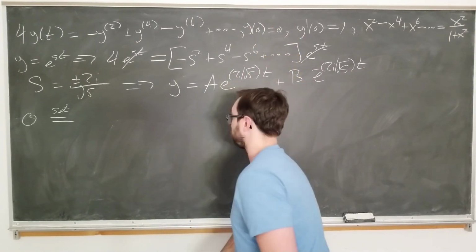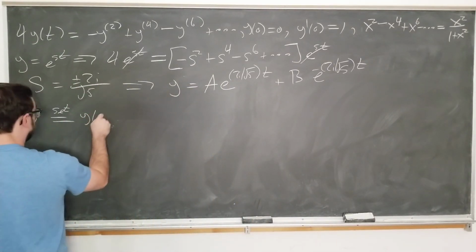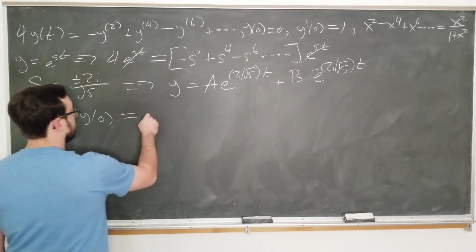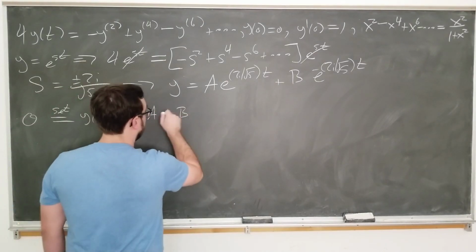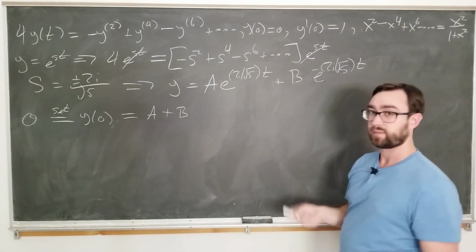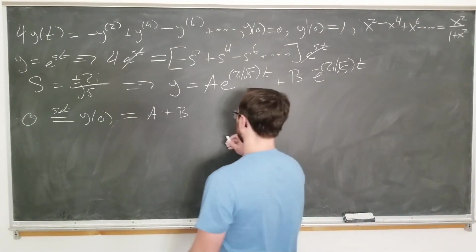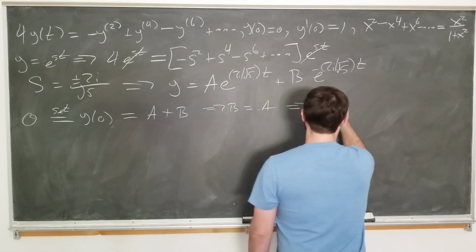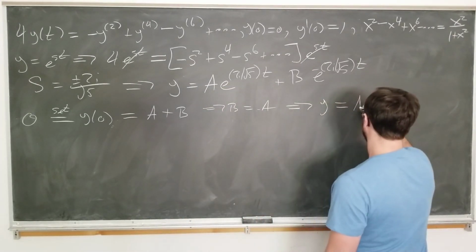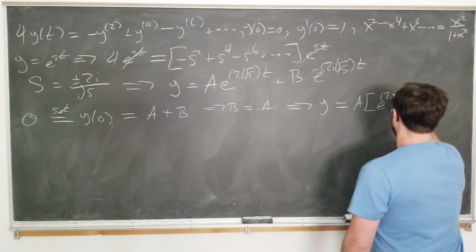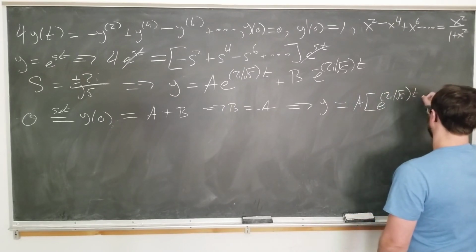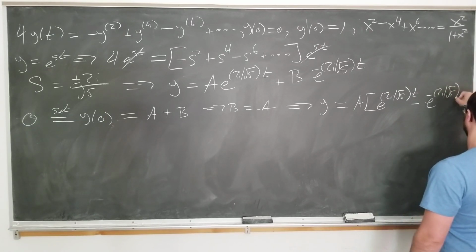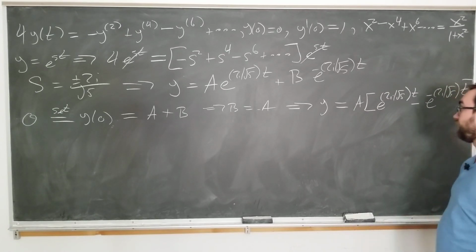Y of 0 is a plus b, because the exponentials are e to the 0, which is 1. This tells us that b is minus a, so our y at this point is equal to some constant a times e to the 2i over square root of 5 t minus e to the minus 2i over square root of 5 t. This is our solution at this point.